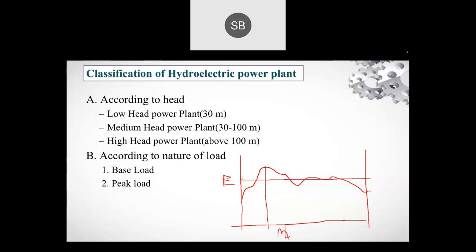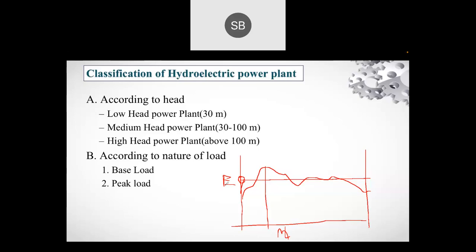Now, whenever we design any power plant, we first have to decide whether it is going to provide a base load or a peak load. Base load means what? This particular load, this one, is known as the base load.